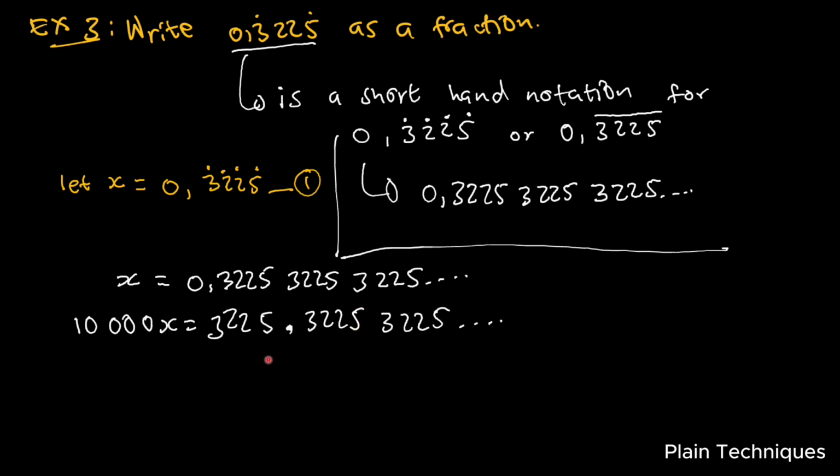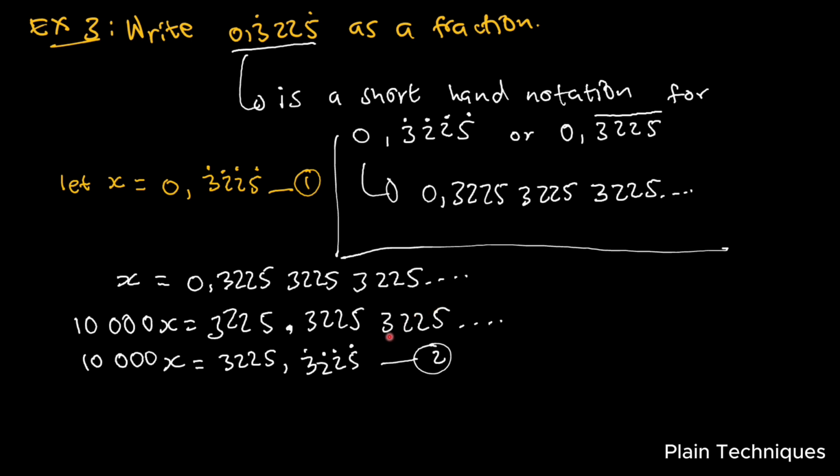So let's rewrite: 10,000x equals 3225 comma 3225, and I can put the dots here. And then I can call this equation number 2. So this is the same as that one here.